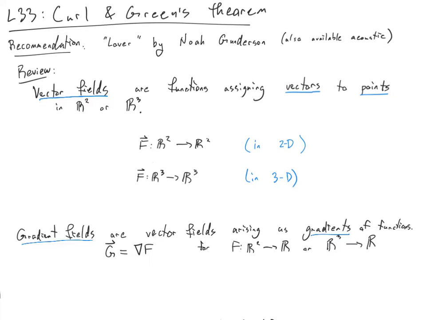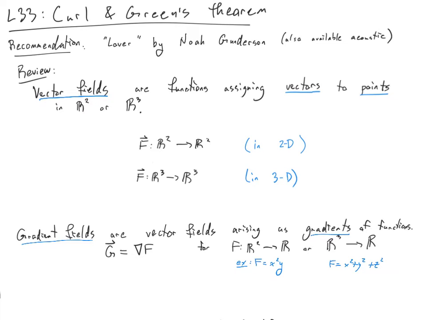So if we have some function f from R2 to R, like for example, f is x squared y, or from R3 to R, like maybe f is x squared plus y squared plus z squared, then we can produce a gradient function.